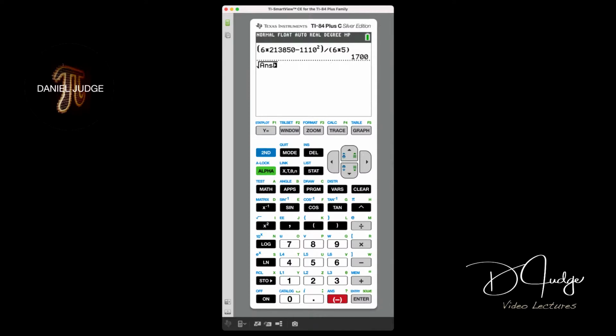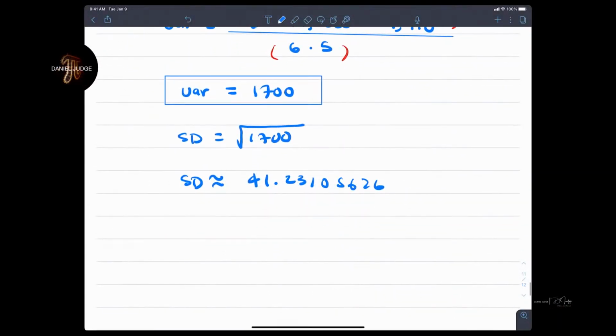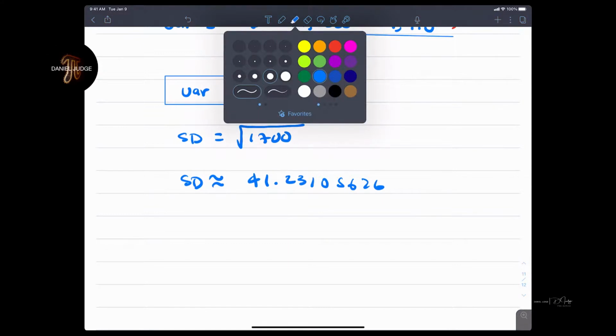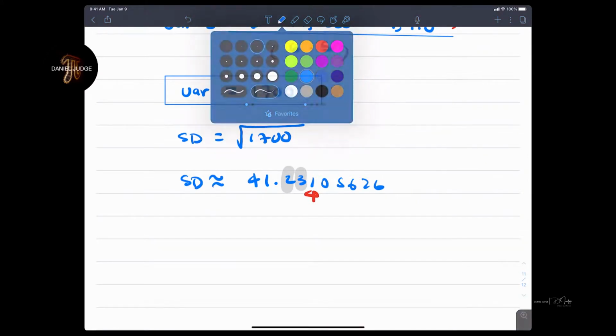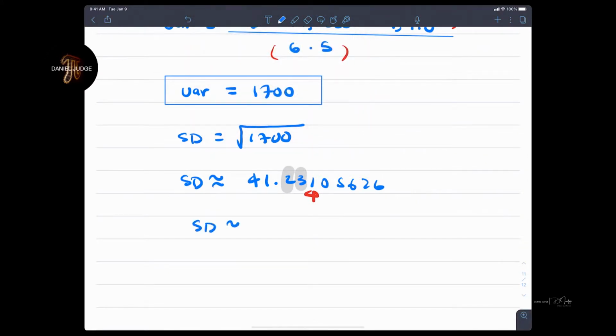And what you'll do now is hit enter, and sure enough, 41.2310566. We approximate this again to the nearest hundredths. We're looking at the digit to the right here. It's a 1, so it looks like we leave the 3 alone.